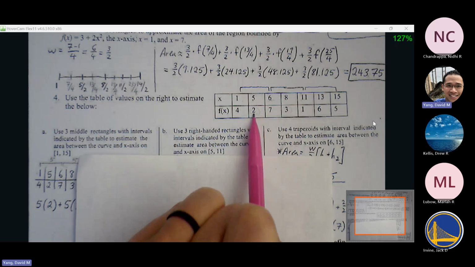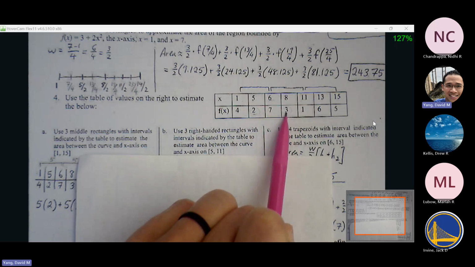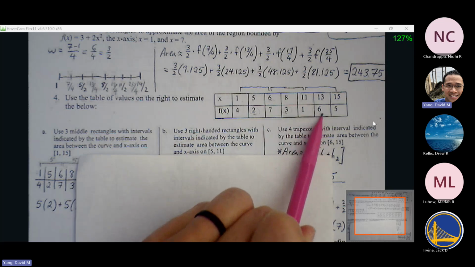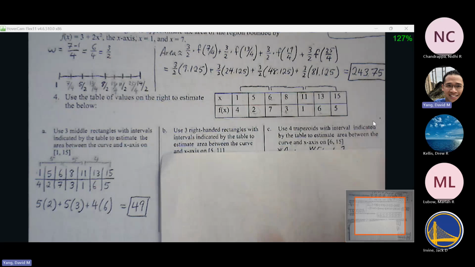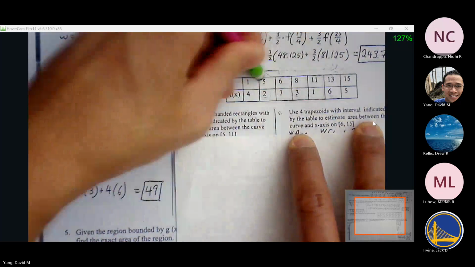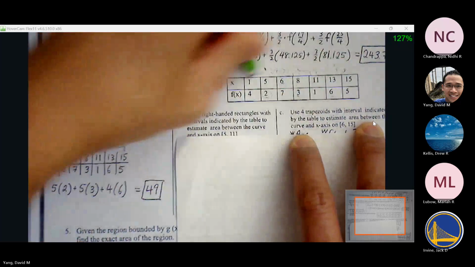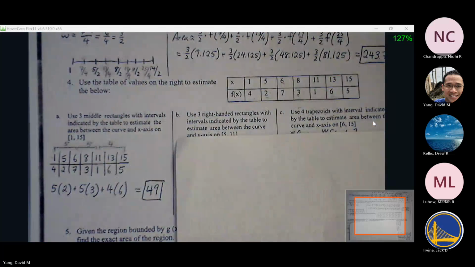So 2 would be the height of your first rectangle, 3 would be the height of your second rectangle, and 6 would be the height of your third rectangle. And then we just add up those areas. So 5 times 2, 5 times 3, and 4 times 6.